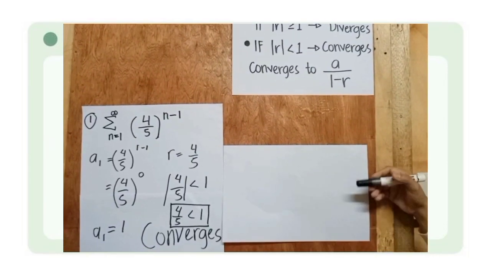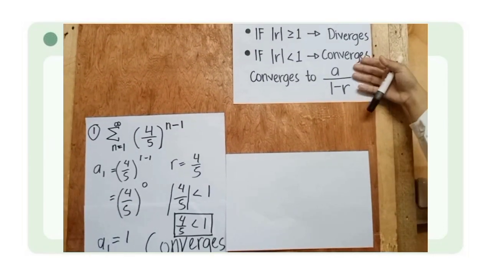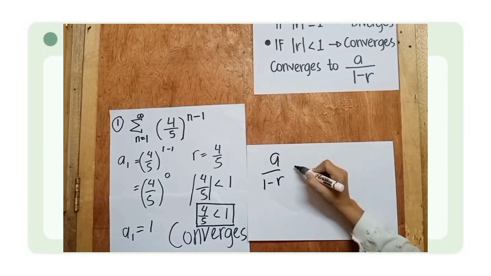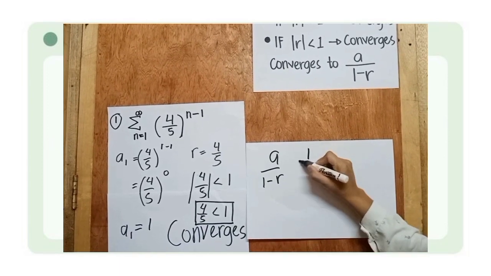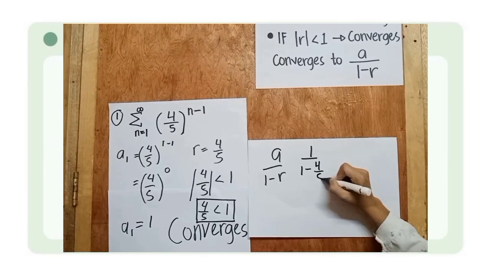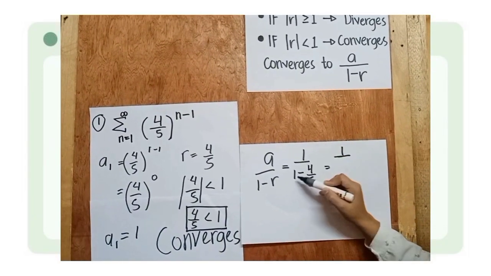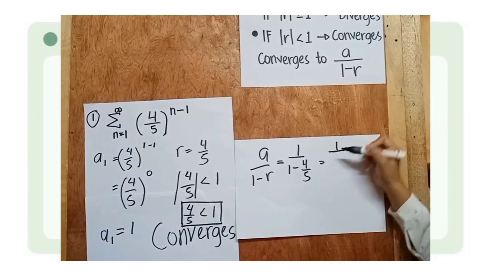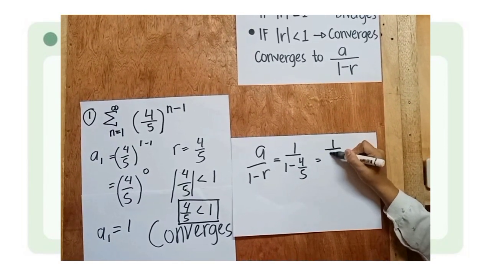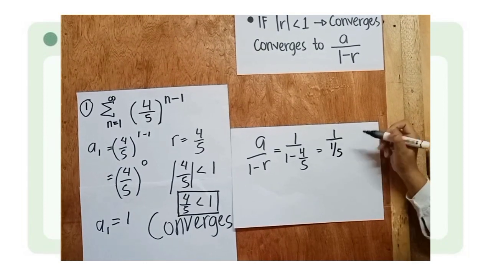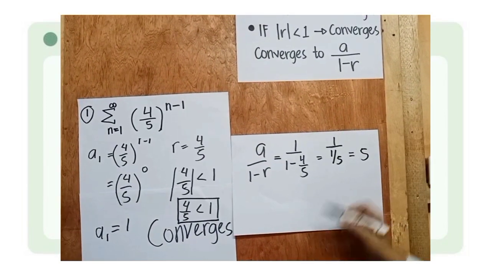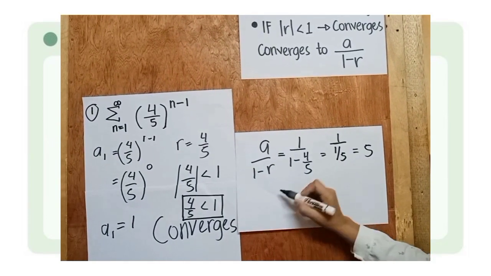Since it converges, we will use the formula A over 1 minus R. So our A is 1 over 1 minus our ratio, 4 over 5. 1 over 1 minus 4 over 5 is 1 over 1 over 5, which is equal to 5. So it converges to 5.